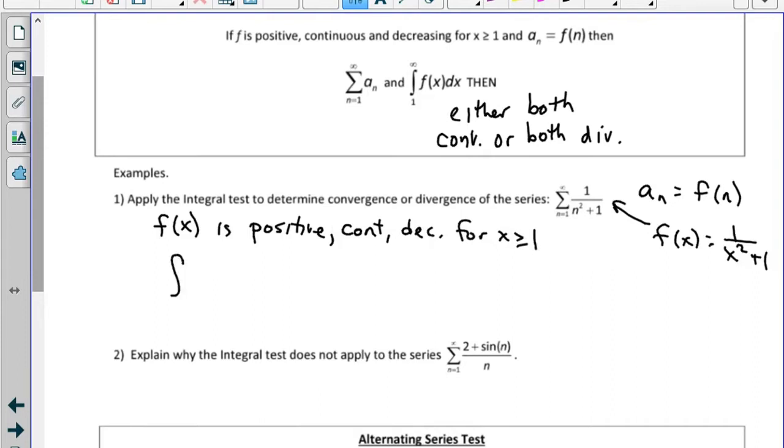So because we're allowed to use the integral test, we can say the integral from 1 to infinity of 1 over x squared plus 1 dx is equal to arctangent of x evaluated from 1 to infinity.